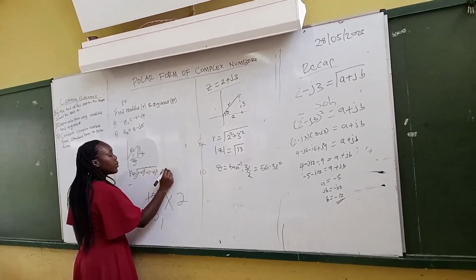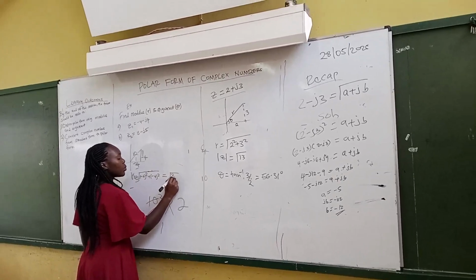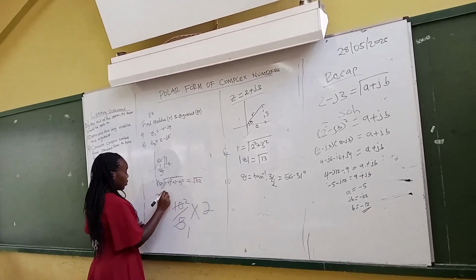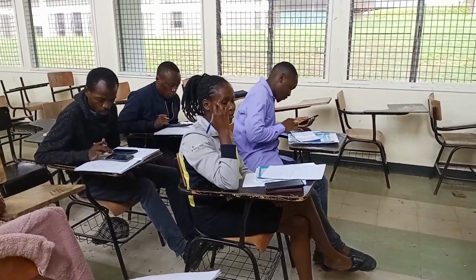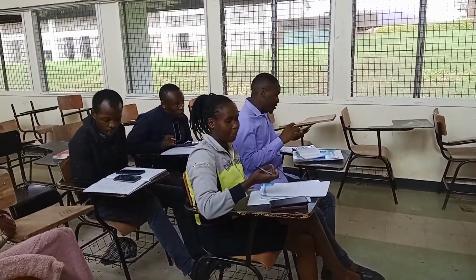This is the square root of 32. You have calculators, use them. 5.66.